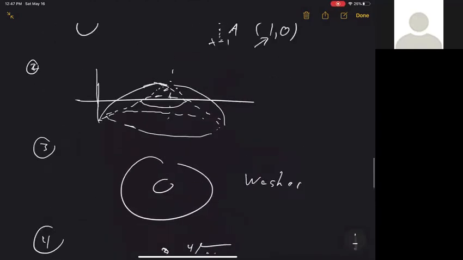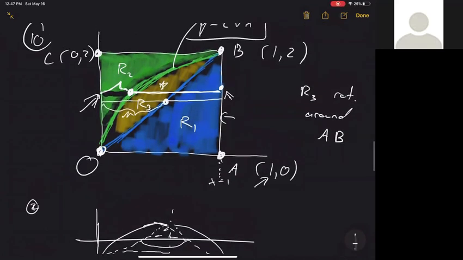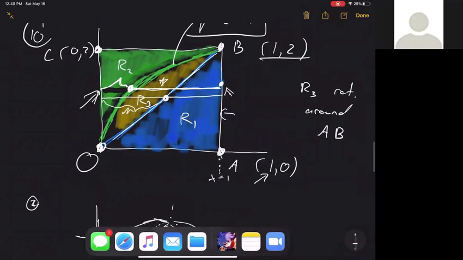What's my inner radius? The inner radius is this distance, which again I can think of as this line minus this piece, and that piece is the x-coordinate of that curve. Now I need to figure out what the equation of this line is. It goes from the origin to the point (1, 2).